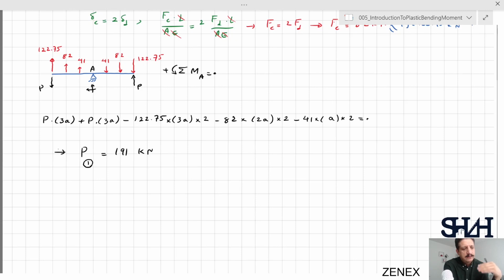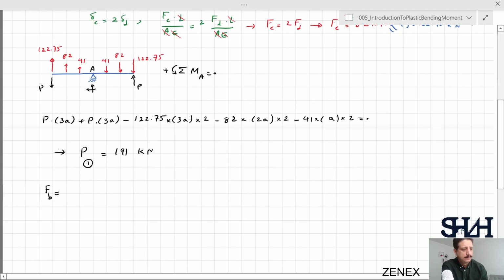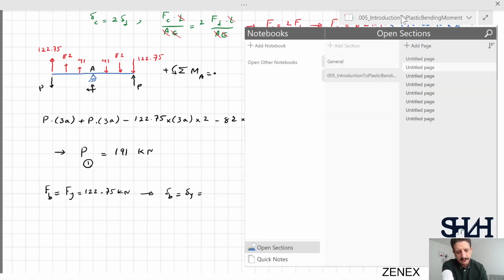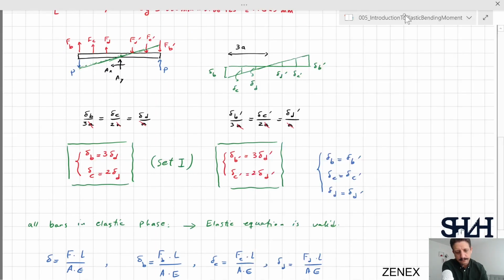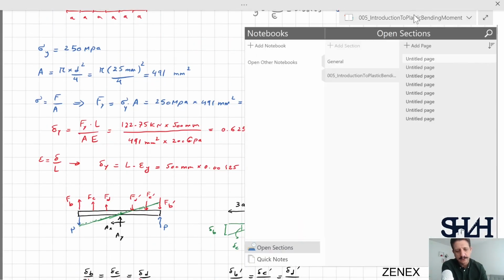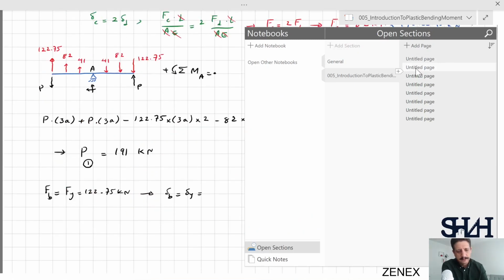Now let's calculate what the deformation at point B is in this stage. As F at point B is Fy, which is 122.75 kilonewton, delta B will be delta Y. We calculated it earlier, and it was 0.625 millimeter.